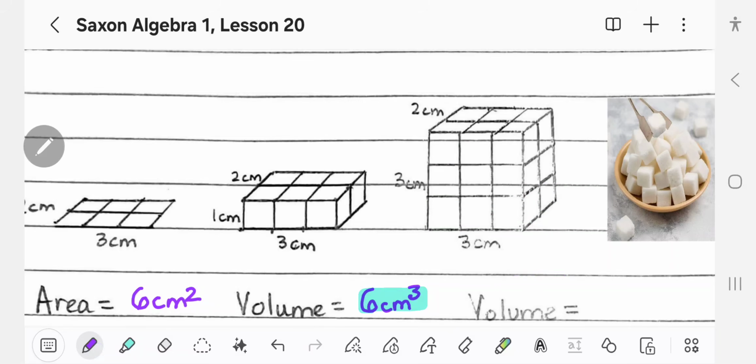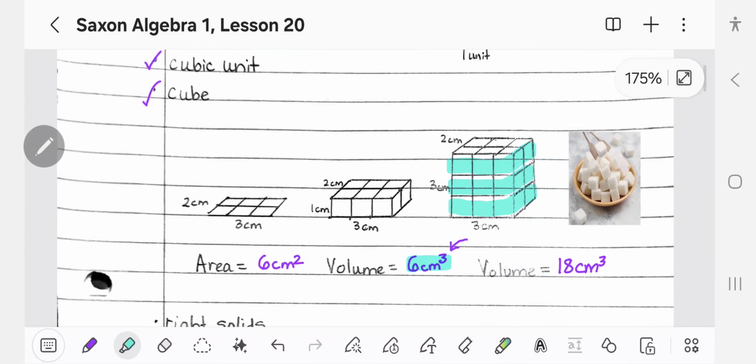So how do we know what our volume is? Well, it's the volume of a single layer, but multiplied by 3. So this one's going to have 18 cubic centimeters. And you could count those. We know there's going to be 6 in each layer. So this whole layer has 6, this whole layer has 6, and this whole layer has 6, which gives us 18 cubic centimeters.